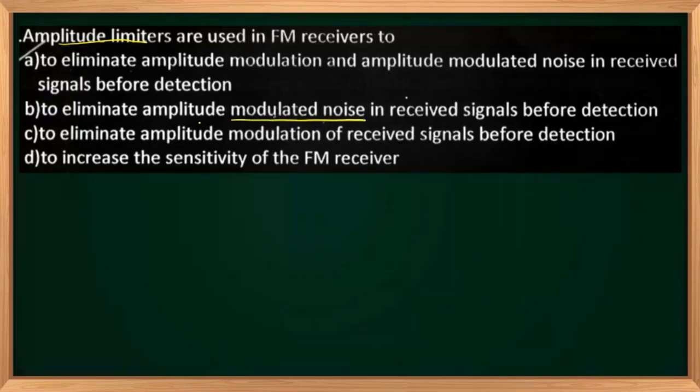There is no amplitude modulation taking place in FM, but we are transmitting it through the medium where, due to interference of noise, there will be amplitude modulation because of noise. This is corrected by amplitude limiters. So the correct option will be option B, to eliminate amplitude modulated noise in received signals before detection.